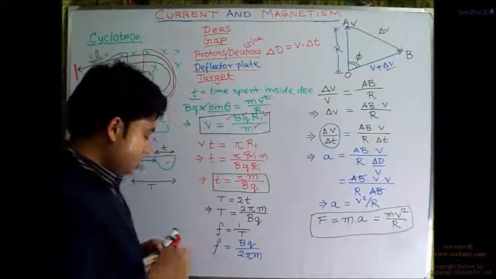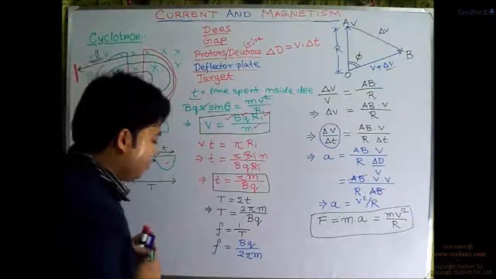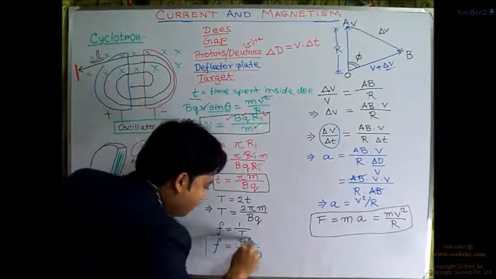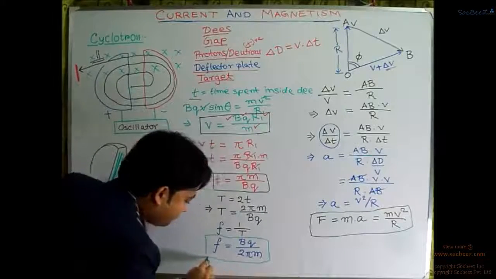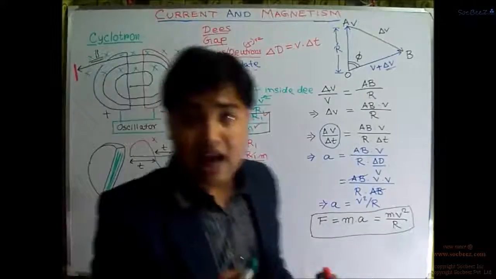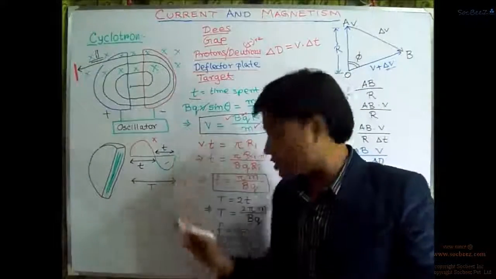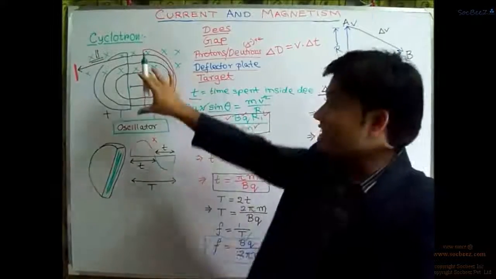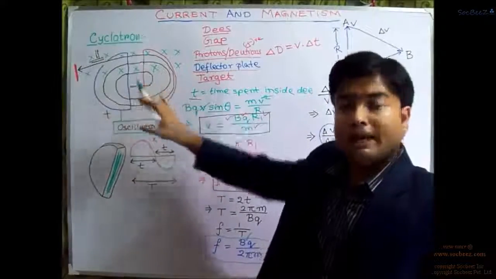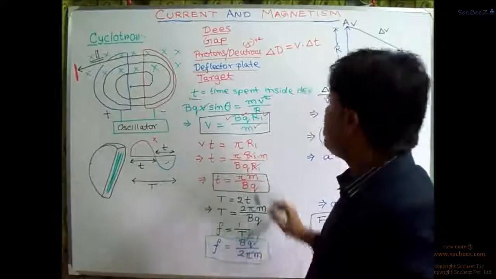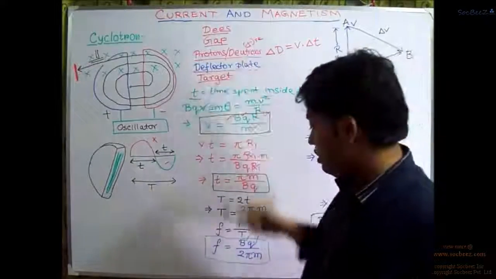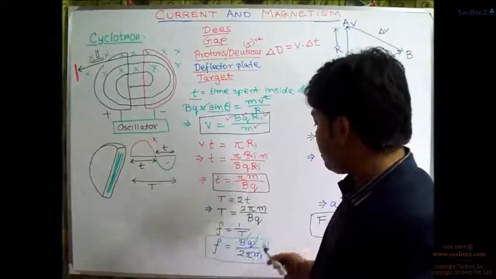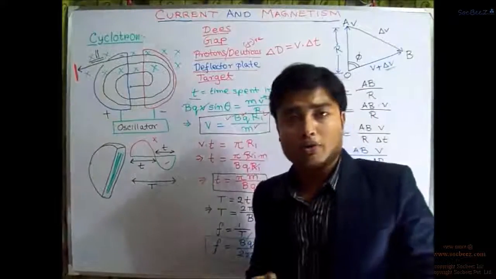So now we have the frequency of this oscillator, and it depends upon B, which is produced by the electromagnet, the Q of the proton or the deuteron, 2 pi as a constant, and the mass of the proton or deuteron.